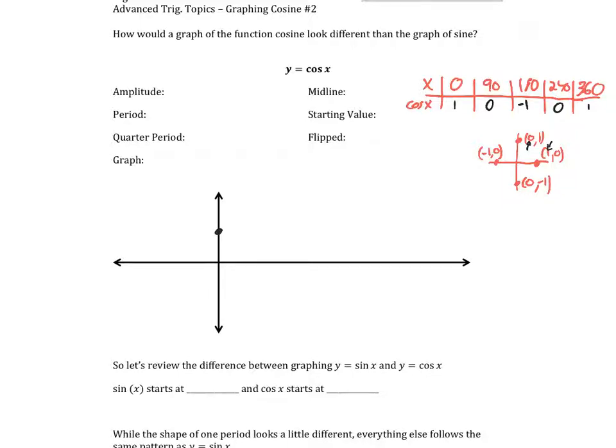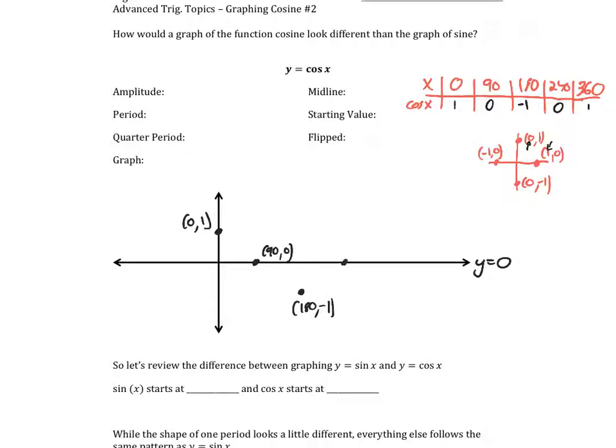So cosine actually starts above that midline, the line y equals 0. So there's one difference I'm already noticing. And if I count a quarter period over, I'm now at the point 90, 0. Then I go down to -1, and that puts me at 180, -1.